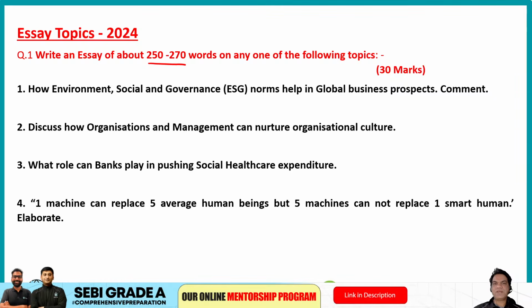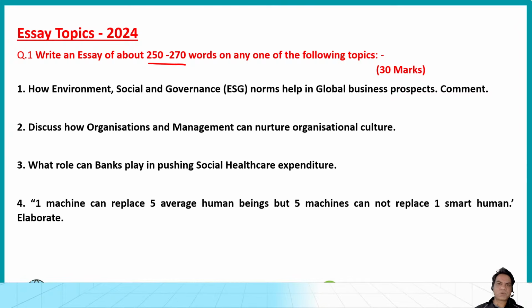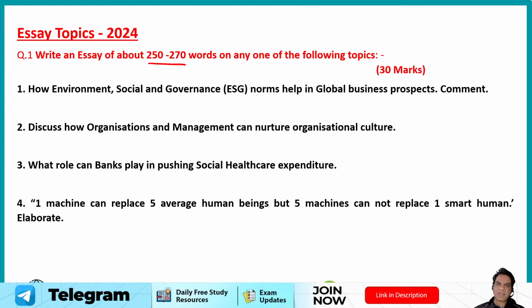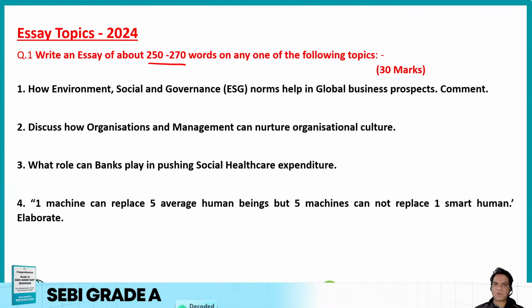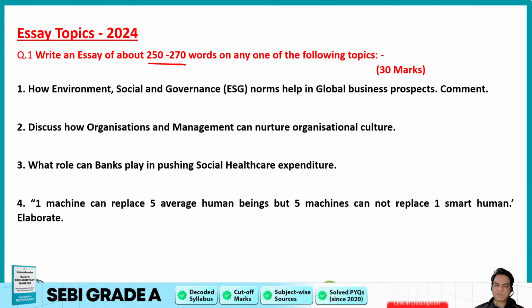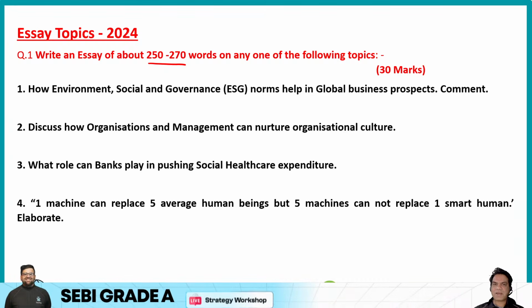They provide a sample question paper in the handout, and every year the word limit is mentioned as 400 words, but in the actual exam you are not given that limit. Last year, 2024, the word limit was 250 to 270 words. So please prepare accordingly.